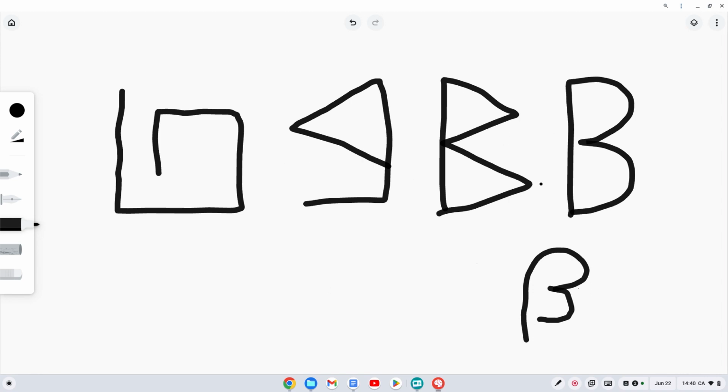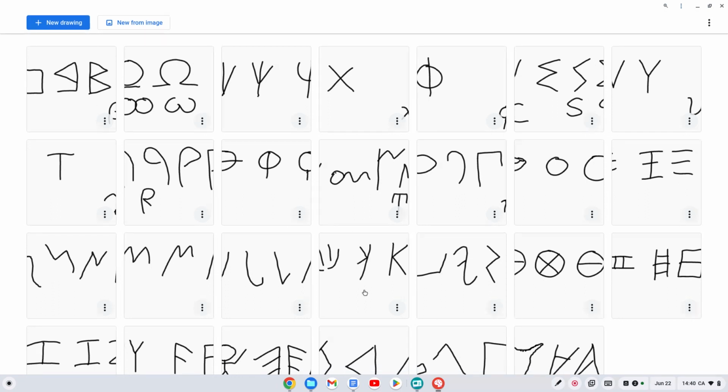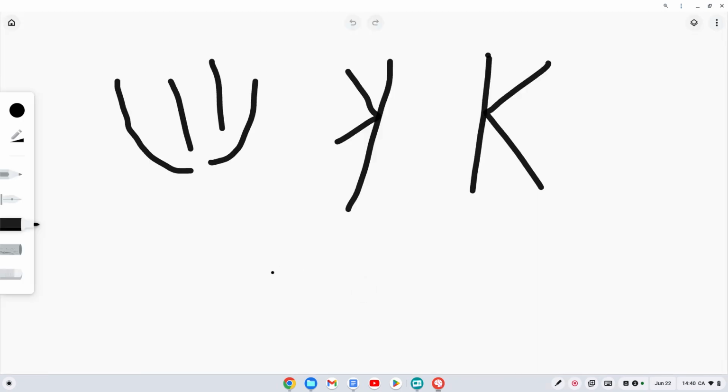Alright, so much for that one. I also forgot the small kappa, which, where is the kappa? There it is. Which doesn't look much different than just a smaller version of the large kappa.